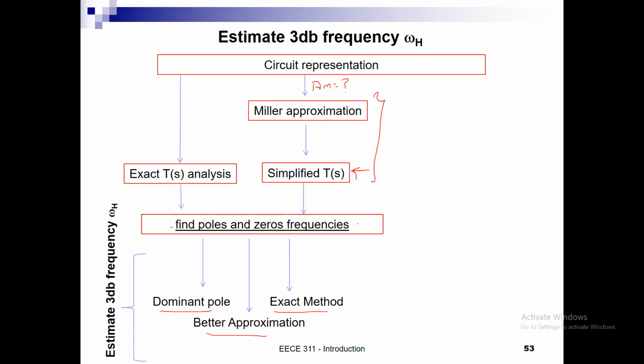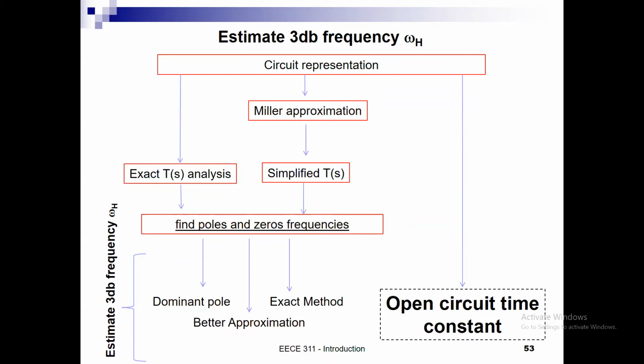Now there is a method that does not require that I solve for T of S. There's a method that directly finds from a specific circuit the time constant and then the approximation for the 3 dB frequency. This method is called the open circuit time constant method.